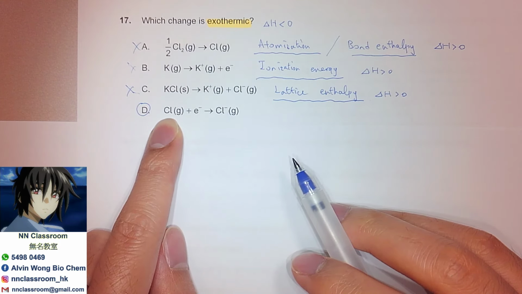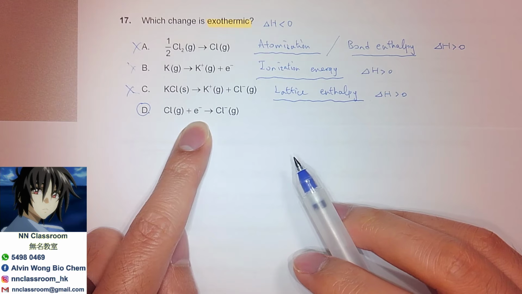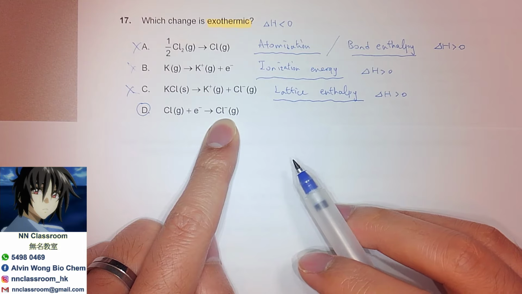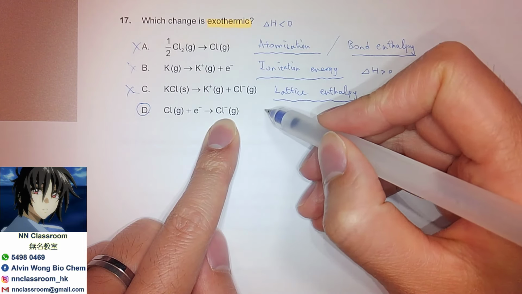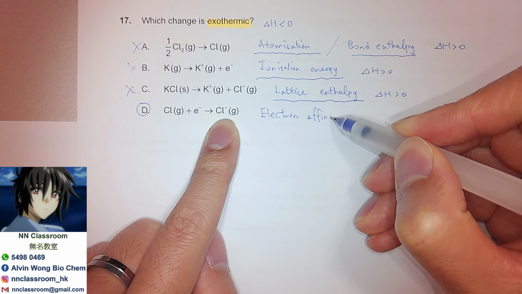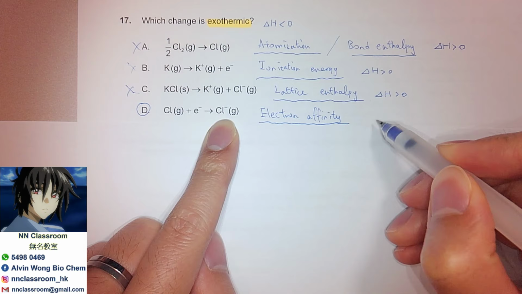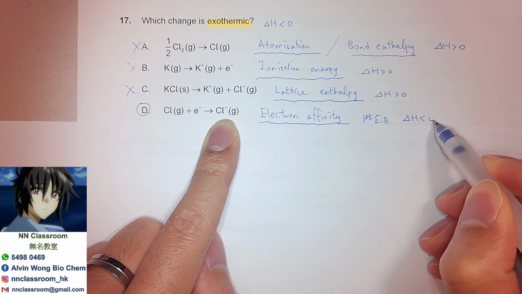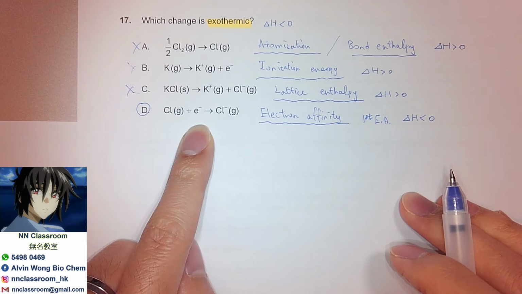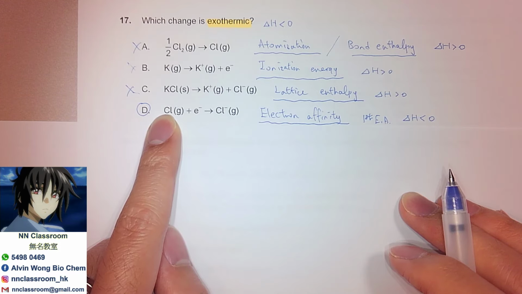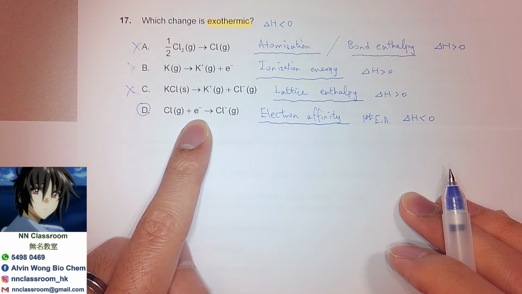What is D? It's a chlorine atom now accepting 1 mole of electrons to become 1 mole of gaseous state ions. So this is exactly what we call the definition of electron affinity. And mind you, for electron affinity, the first electron affinity is going to be exothermic, because when the first electron is being accepted, it is due to the attractive force from the nucleus having a certain effective nuclear charge in attracting these electrons.